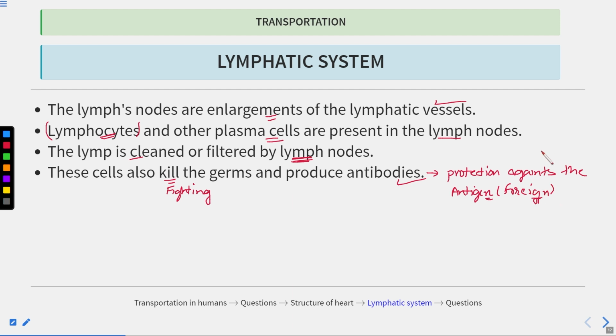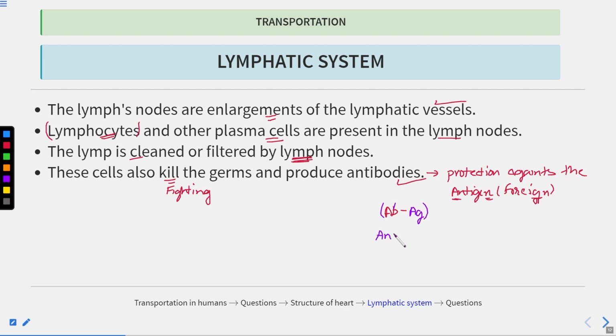So antibodies are produced against this foreign antigen, and the antibody forms a complex with the antigen. The antigen is denoted as Ag. So an antibody-antigen complex is formed.